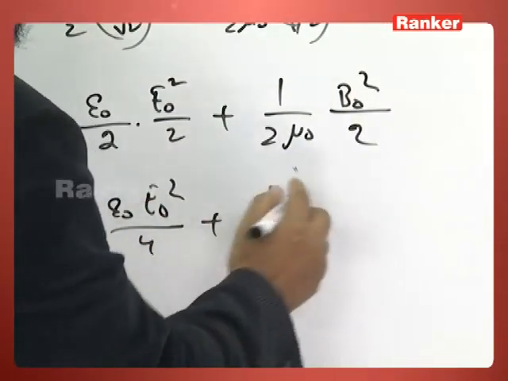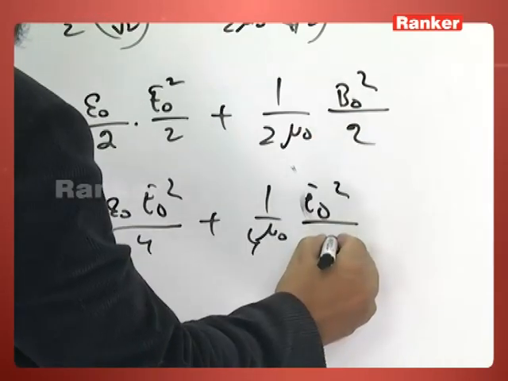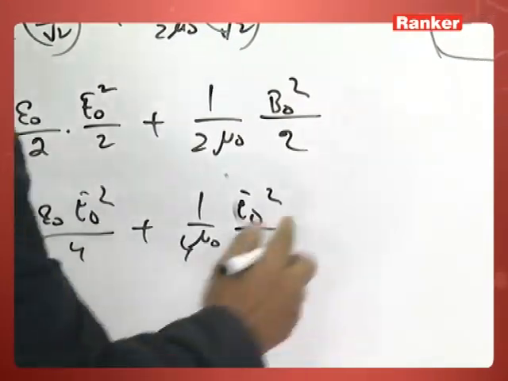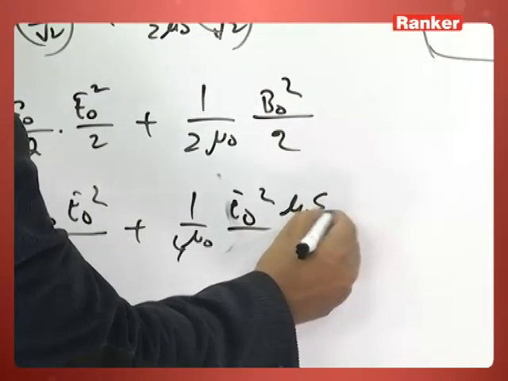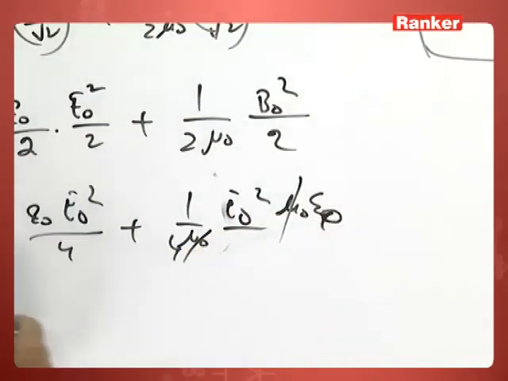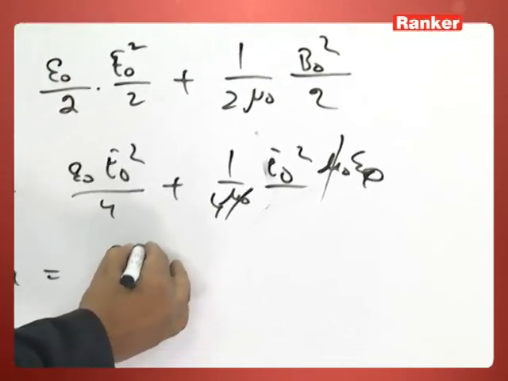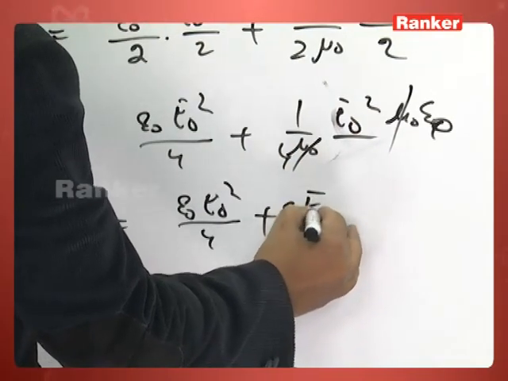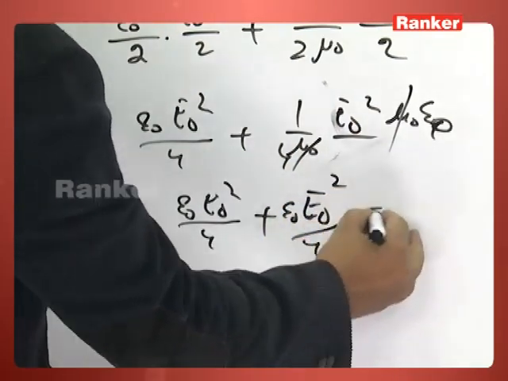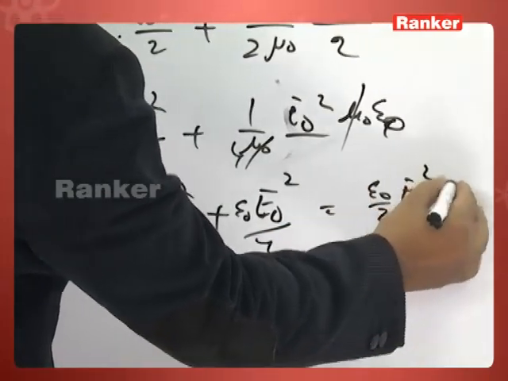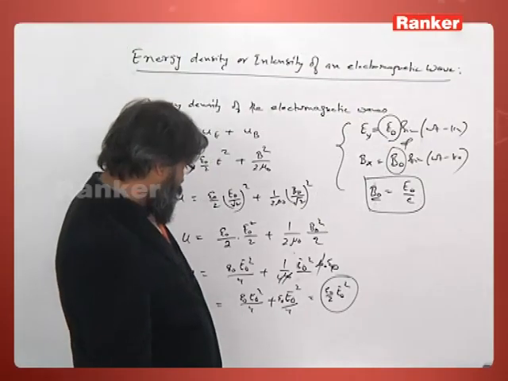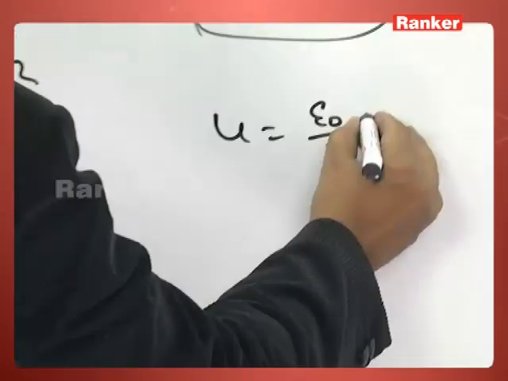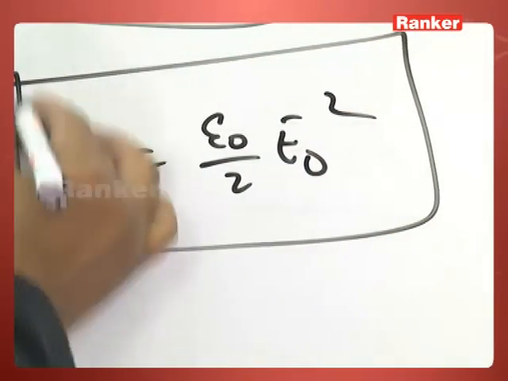B naught square can be written as E naught square by C square, and C square can be further written as 1 by mu naught epsilon naught, so mu naught cancels. So we have epsilon naught E naught square by 4 plus epsilon naught E naught square by 4, that is epsilon naught by 2 E naught square. So we got U as epsilon naught by 2 E naught square.